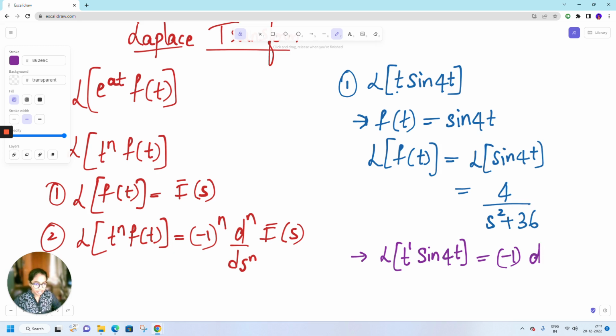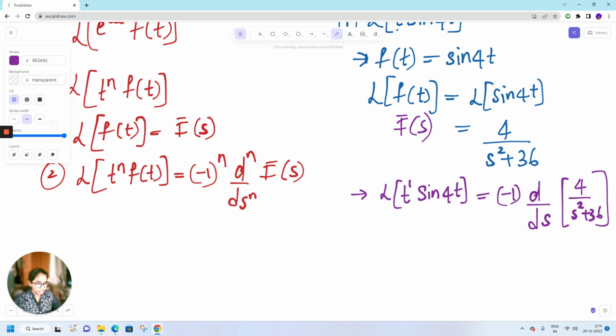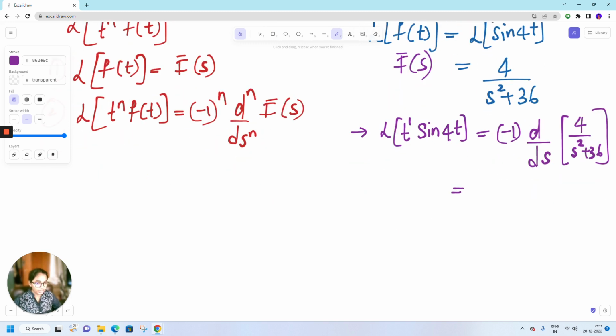So let me write that as d by ds of f bar of s, that is 4 divided by s square plus 36. 4 is a constant, I can take it out. What is differentiation of 1 divided by s square plus 36? Basically, what is differentiation of f divided by g? The formula is g f dash minus f g dash divided by g square.